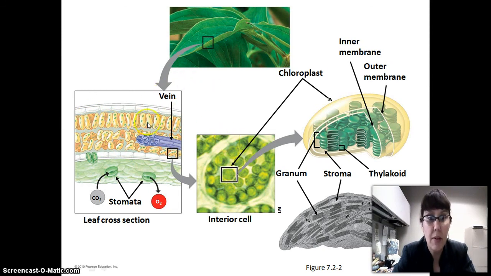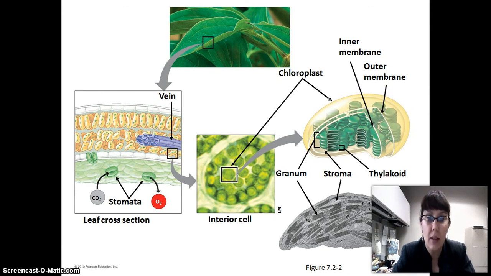So let's have a closer look at one of these mesophyll cells. So here's the cell, and inside of the cell are organelles referred to as chloroplasts. A chloroplast, like a mitochondria, has two membranes. It has an outer membrane and an inner membrane.